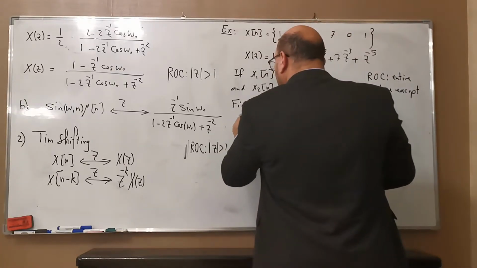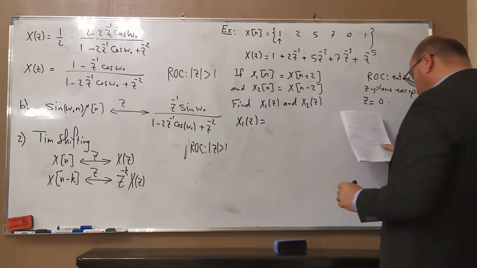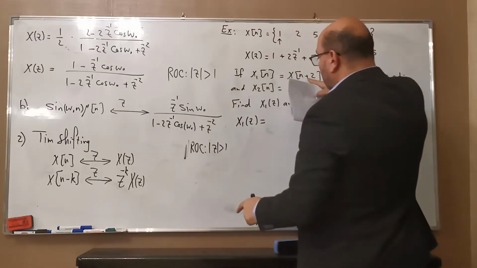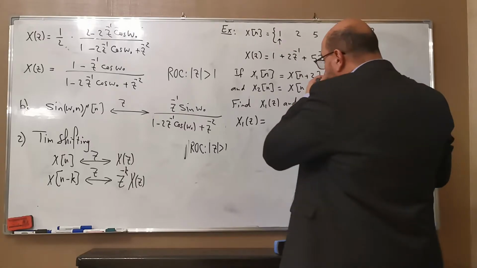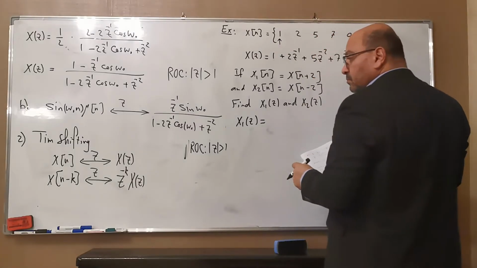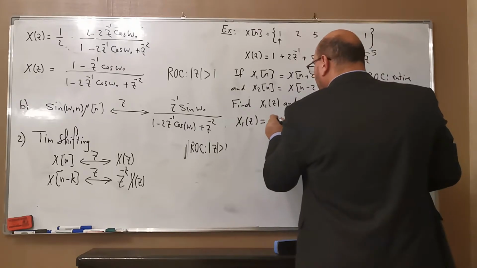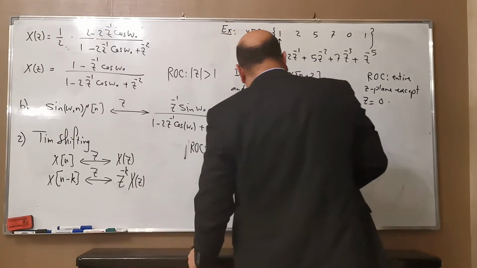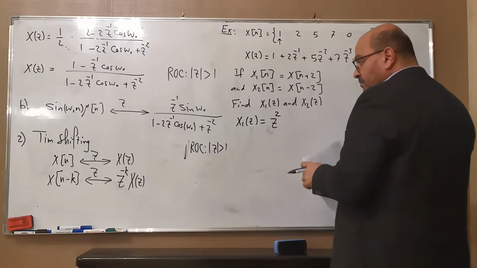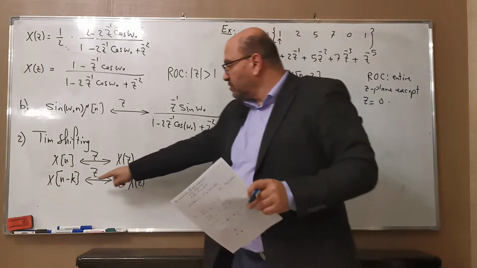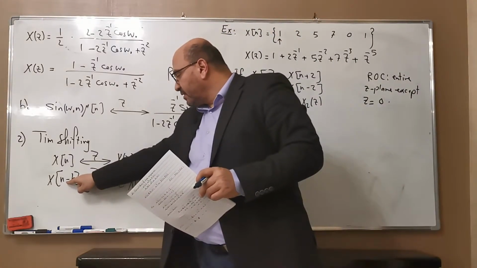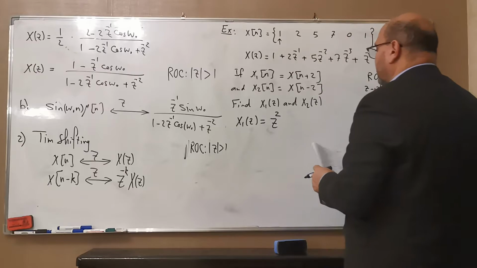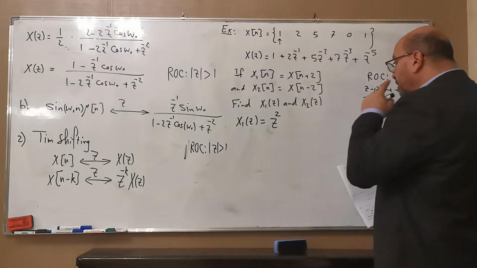So for X1 of z, you have k equals minus 2. So you will have z to the minus k, which is z to the minus minus 2, so it's z squared, and this is the time advance as shown here.